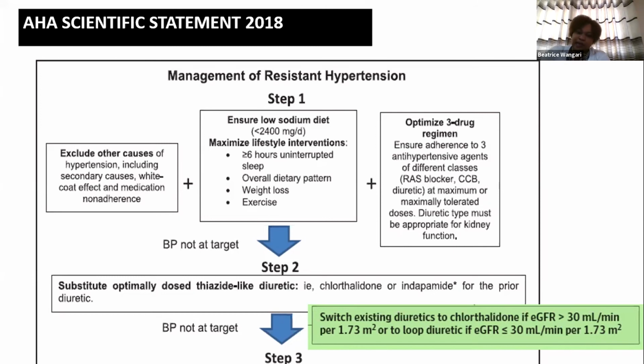And you will add these thiazide diuretics in that patient who has a GFR of more than 30. Because if a patient has a GFR of less than 30, the thiazide diuretics tend to be much less effective. And for that particular patient, it is recommended that you add a loop diuretic.